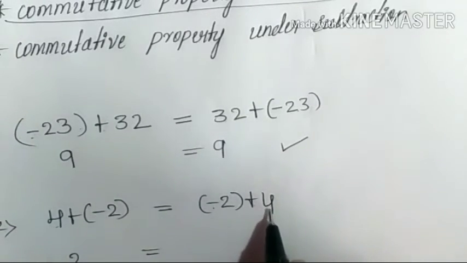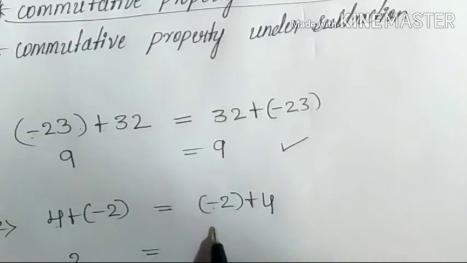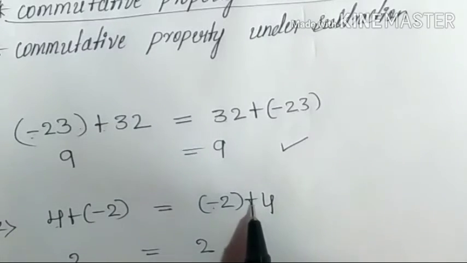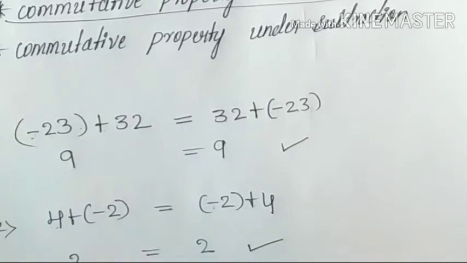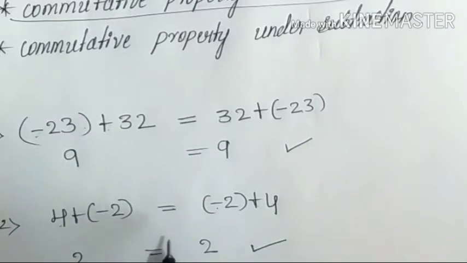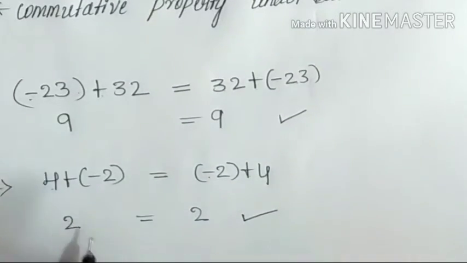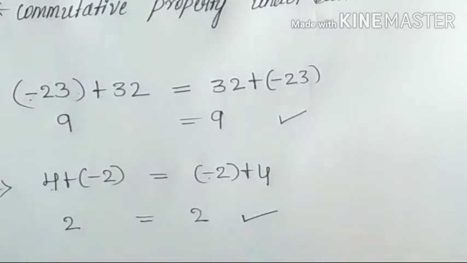Minus 2 plus 4: you have to subtract these two numbers. 2 is coming, and the greatest number has the plus sign, so 2. So here both answers are the same. Hence the commutative property holds under addition.